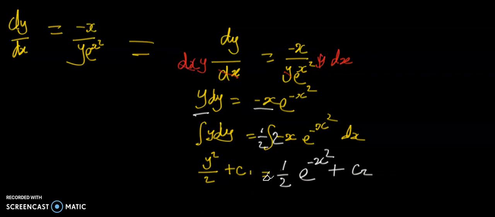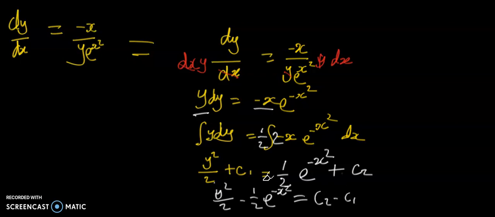try to bring these like terms together, so that we will have y squared divided by 2. Take this half to the other side to become negative a half exponential negative x squared, and this will be equal to c2 minus c1.